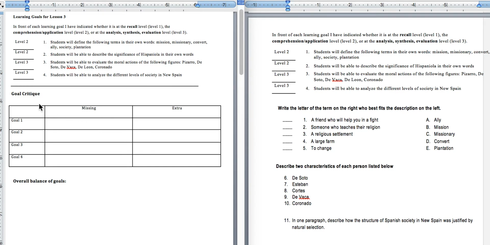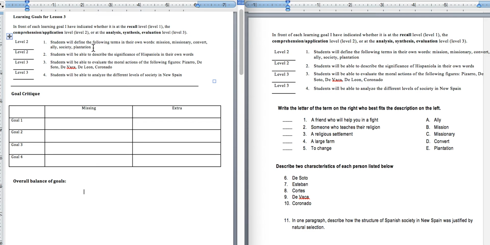Now, first we are going to basically do a content validity analysis, where we compare these goals with the materials that you've been given. In this case, we're going to look at the terms of Goal 1, and we're going to see whether or not all these terms should be in there, or if there are any terms that are missing. So if we look at missing, for instance, in Goal 1, I have mission, missionary, convert, ally, society, and plantation.